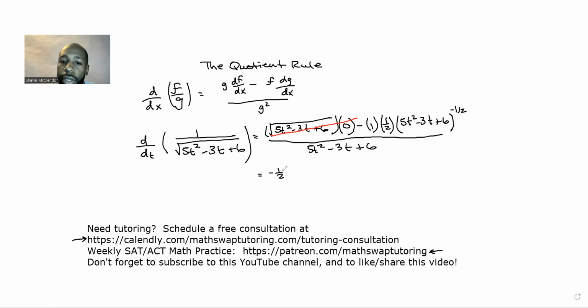times... So keep in mind, you have this to the negative 1/2 power, and then you have this denominator. Let me make sure I'm very clear with this. So you have negative 1/2, and then I'm going to do it like this. You have 1 over 5t squared minus 3t plus 6 to the 1/2 power.